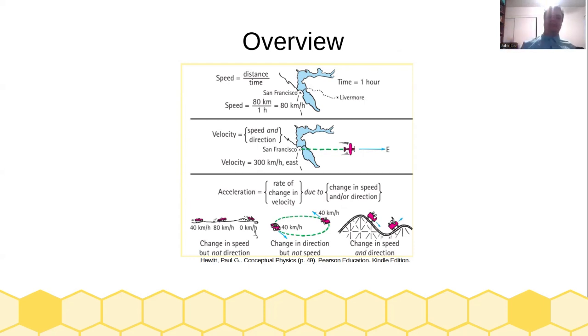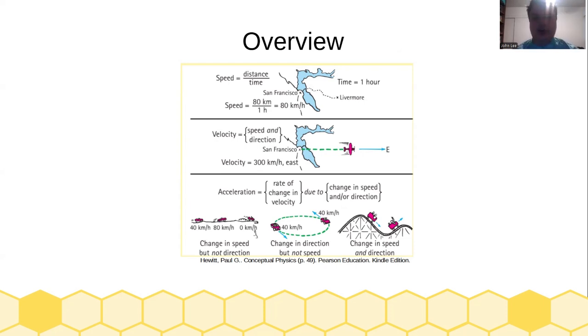So if you have a change in speed but not direction, that is something like pumping your brakes or accelerating on the freeway, where you do not change direction, but you do change speed and therefore you are undergoing an acceleration.